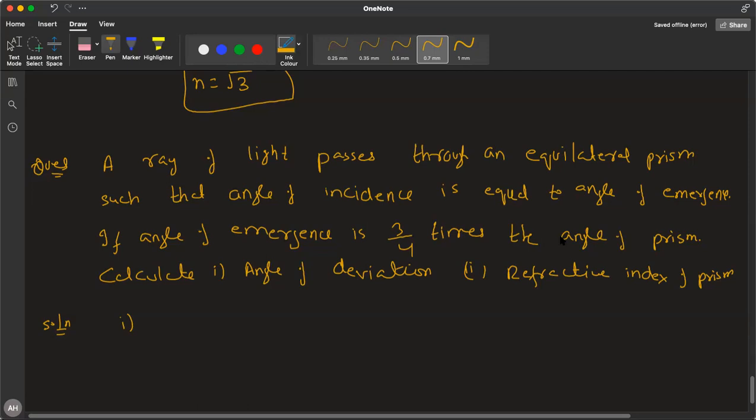Good, Amalia. Good, Noor. Refractive index is also good.